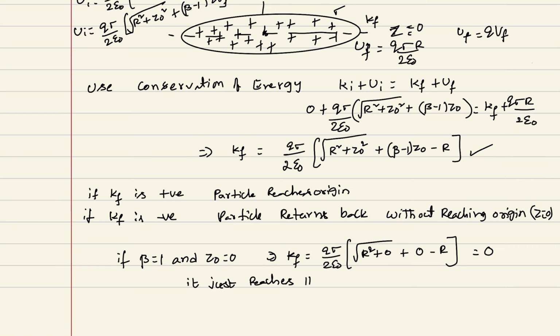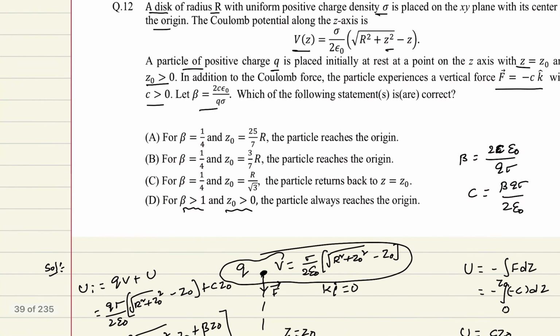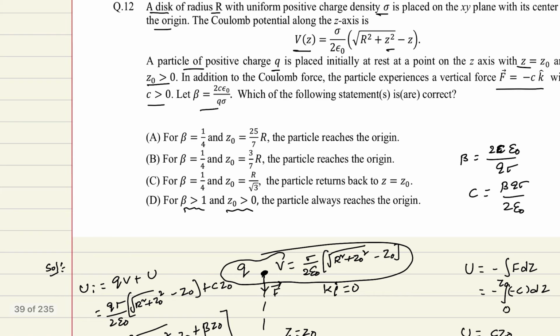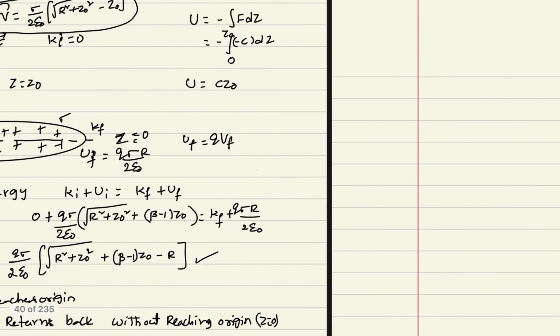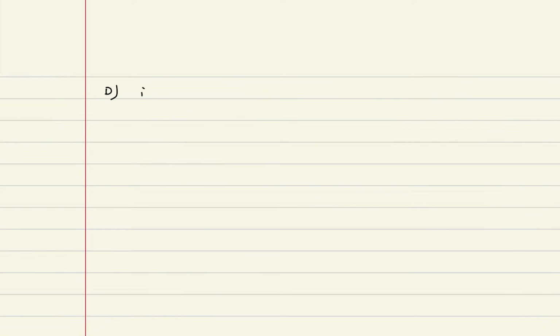So in this situation it just reaches the origin. But according to the question, if beta is greater than 1, z naught greater than 0, obviously it will reach the origin.